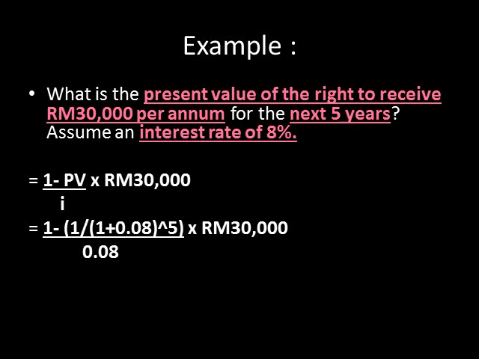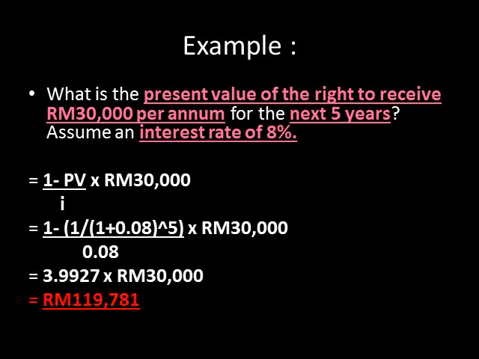So 1 over that gives the PV. Then 1 minus PV, divide by 0.08, then multiply by 30,000. This is the present value of the right to receive RM30,000 per annum for the next 5 years, or in very simple words, the YP single rate.